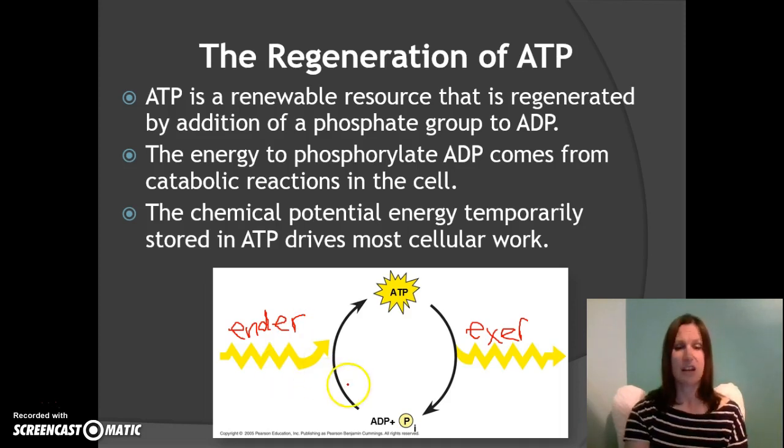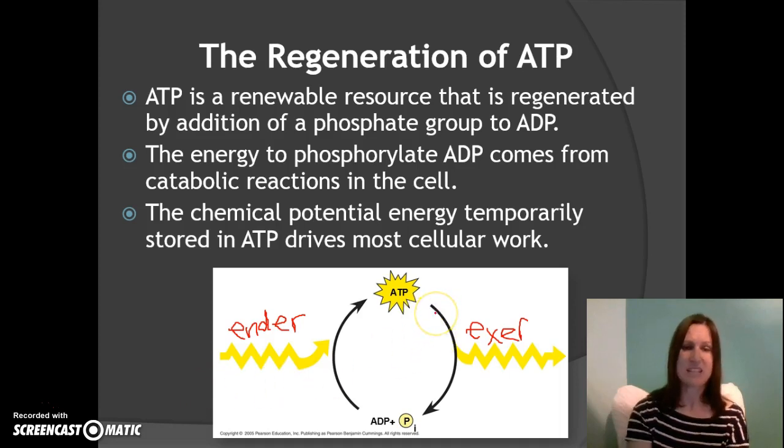As I used to always remember on a bike ride, you can't go downhill unless you go uphill first. So, the ATP gets broken down, releases energy. Now we have ADP plus our inorganic phosphate. We get energy coming in from another exergonic reaction, which causes those two to join, and now we have ATP.